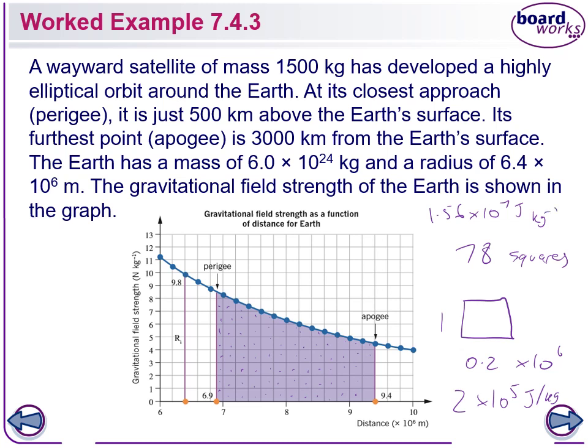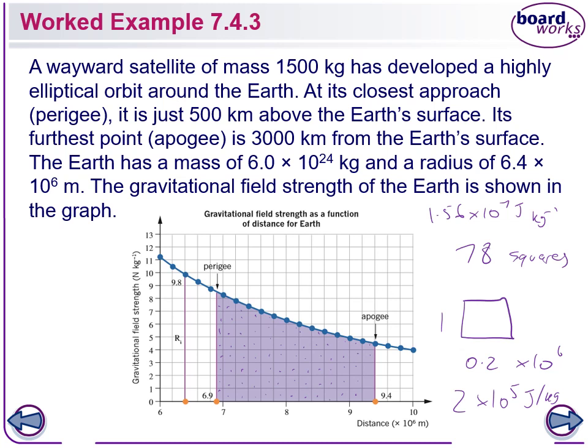We know we have 1,500 kilograms, so each kilogram of our satellite has that much energy working on it, so we need to multiply that by the mass of the satellite to get the total energy change. What do you times to get 1.56? So to get 1.56, I did 78 times 2 times 10 to the 5.